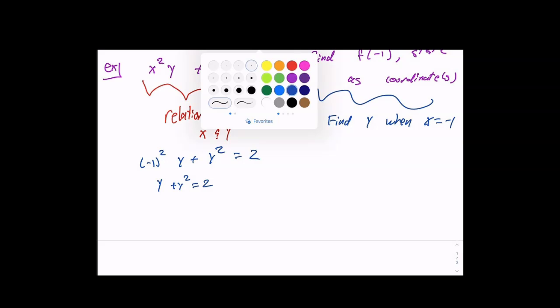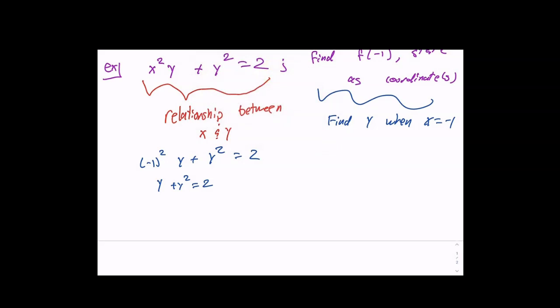So the answer here is, remember, this is a quadratic. And to solve quadratics, you typically set equal to 0.